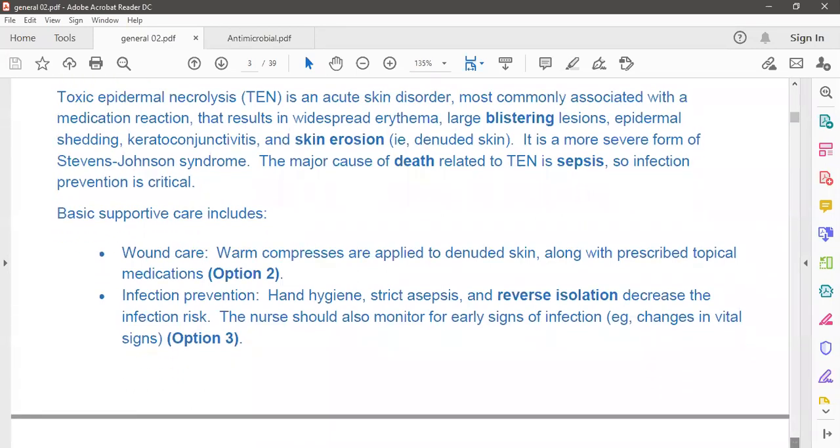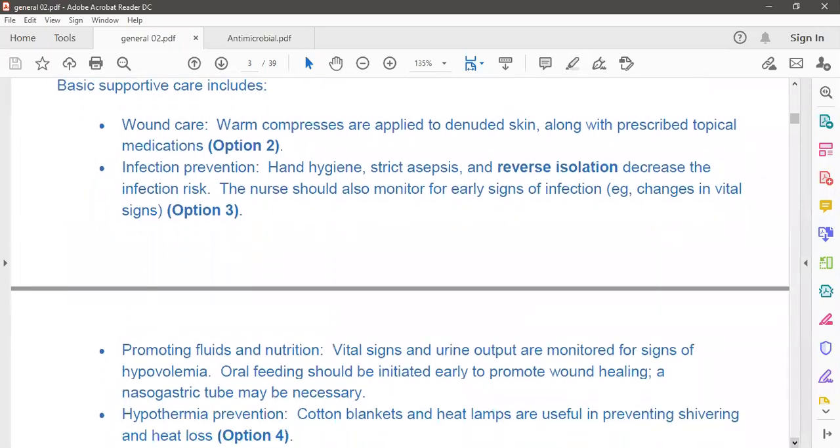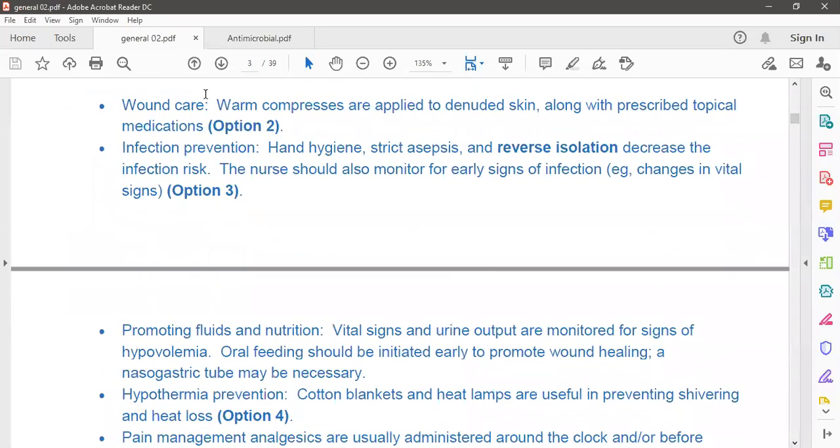What other basic support for your patient? Wound care means applying warm compresses. Infection prevention means isolating the patient, hand hygiene, strict aseptic procedure, meaning you have to follow universal standard precautions at least.